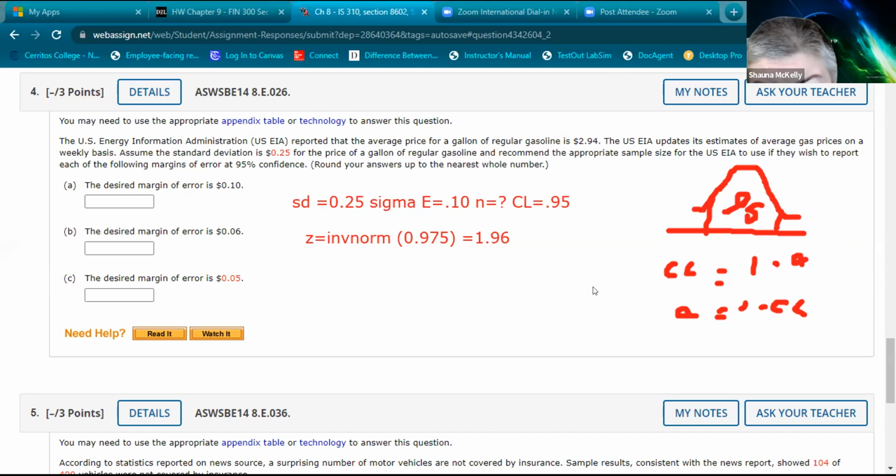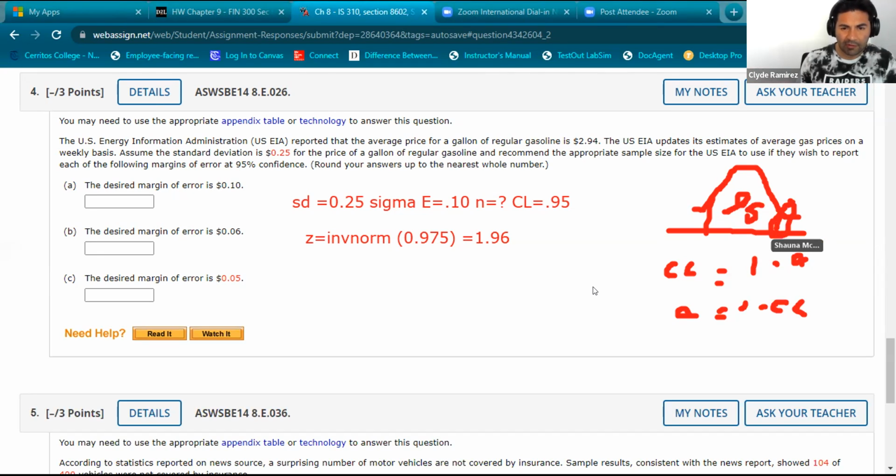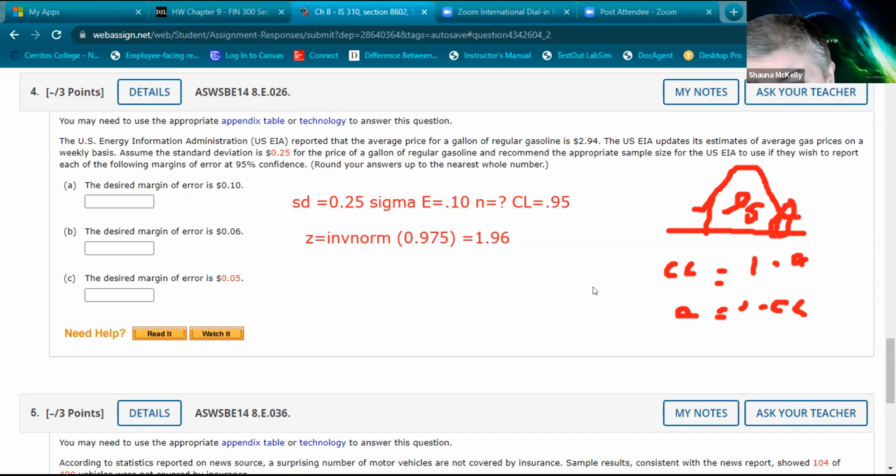Because the area to the left of me, since I'm looking at this line, that'd be 0.025, and everything to the left of me is everything else, which is 0.975, right? 1 minus 2.5% would be 97.5%.